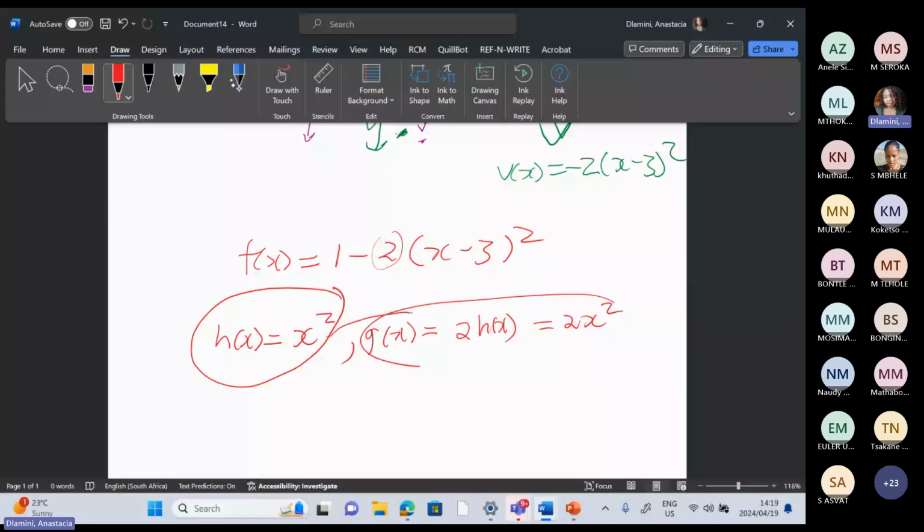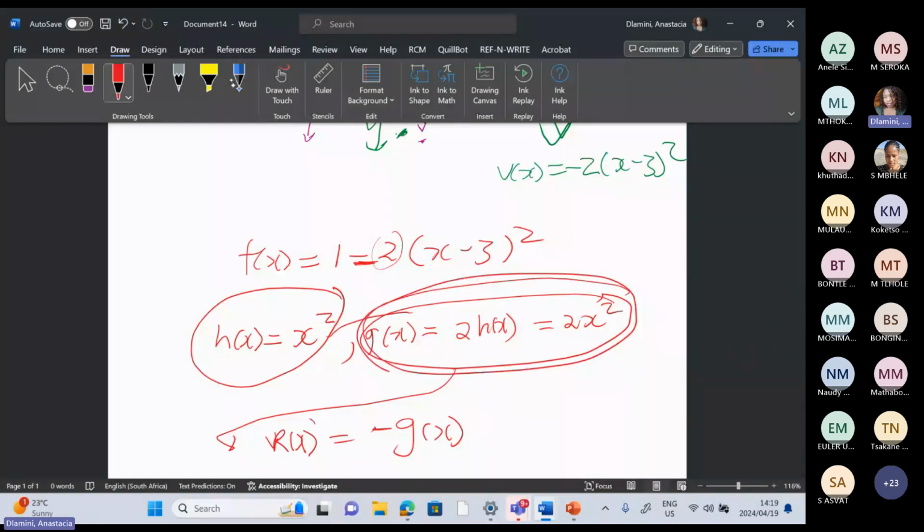After that, I took this graph and formed, let's say, an r of x. In r of x, you see there's a negative here, so I multiplied g of x by a negative. According to what I've learned, that means I'm reflecting the g of x graph about the x-axis. Then this becomes negative 2x squared.